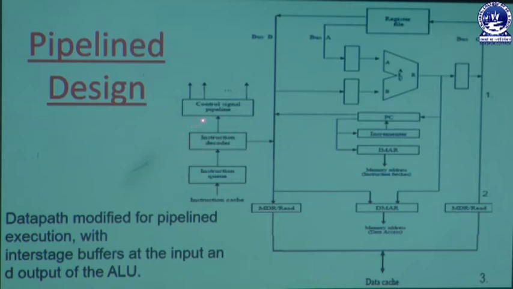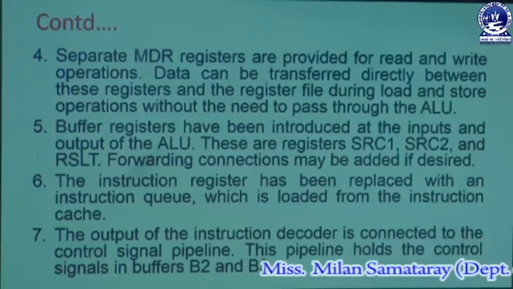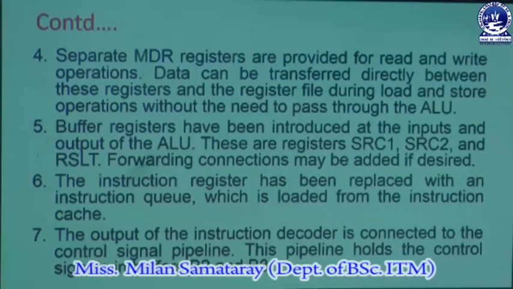Then whatever operations we are performing will be forwarded to this organization, and the control signals are generated by this. So the next concept is that the pipeline holds the control signals in buffers B2, B3.